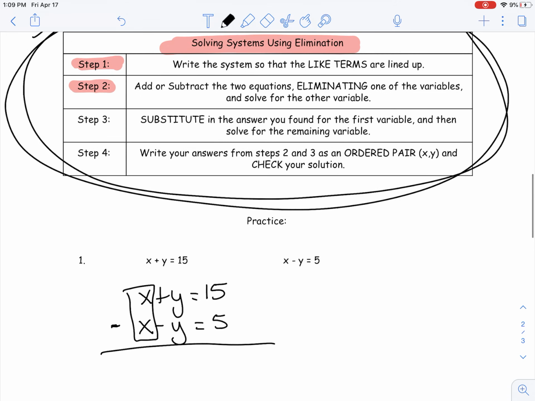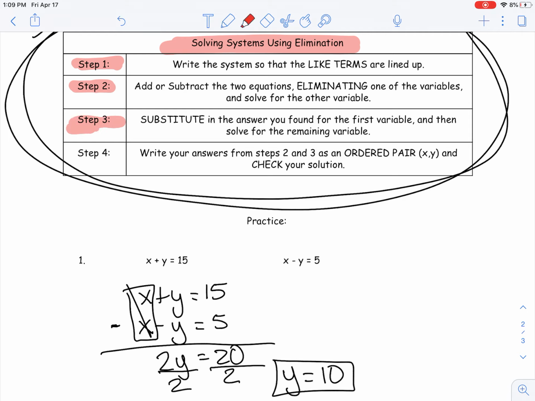So x minus x cancels out. Y minus negative y becomes 2y because subtracting a negative is the same as adding. Equals 20. Solve. Y equals 10.